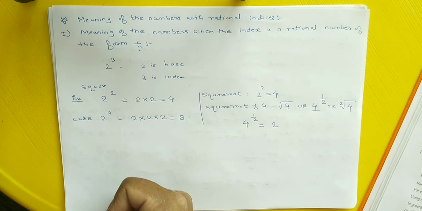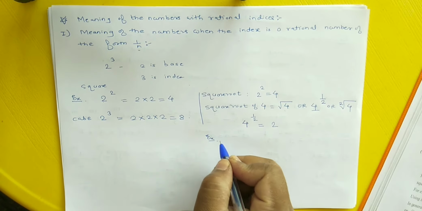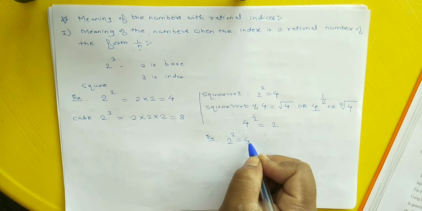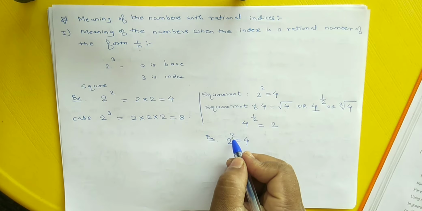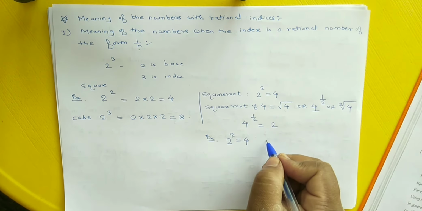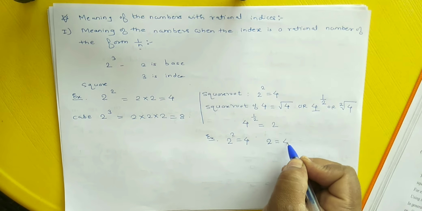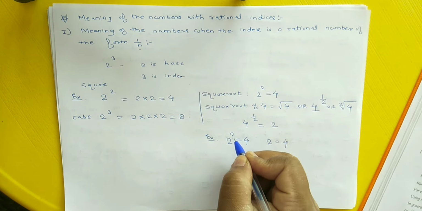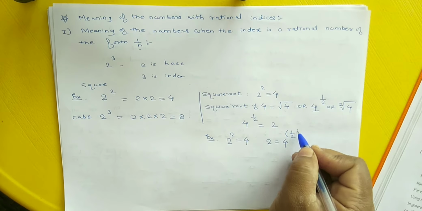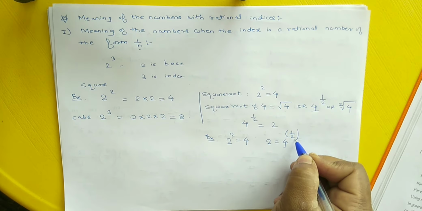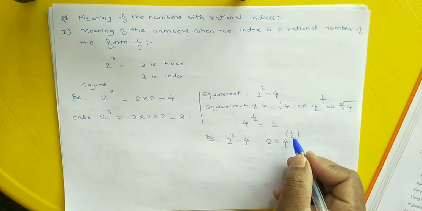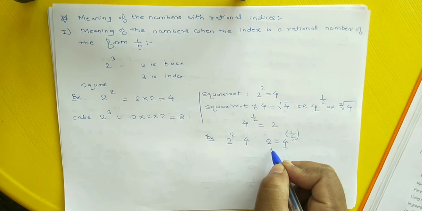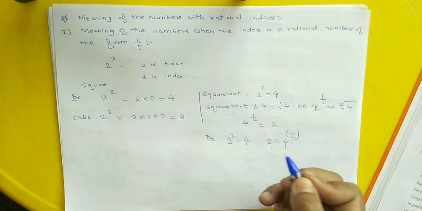Or a simple way to remember: if 2 square is equal to 4, and I shift this power to the right hand side, the index 2 becomes 4 to the power 1 by 2. So 4 to the power 1 by 2 is the square root of 4, which is 2, and 2 square is equal to 4.